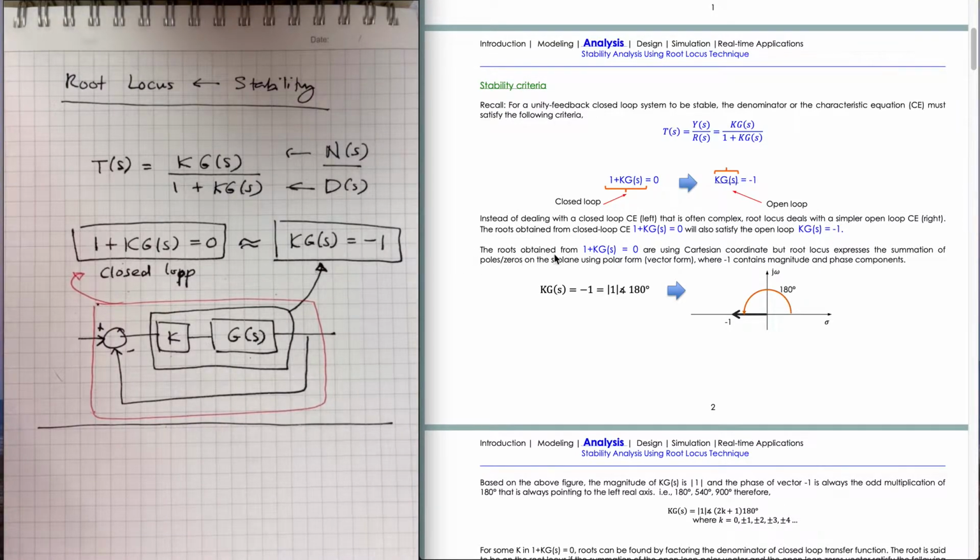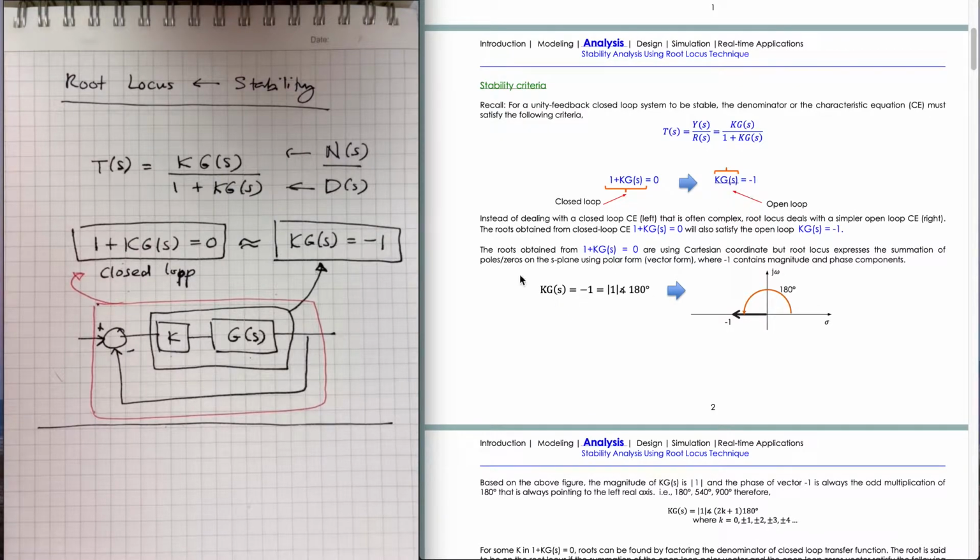The roots obtained from the closed loop equation use Cartesian coordinates, x and y, or on the S-plane, real and imaginary.